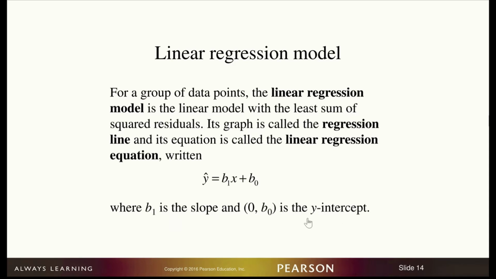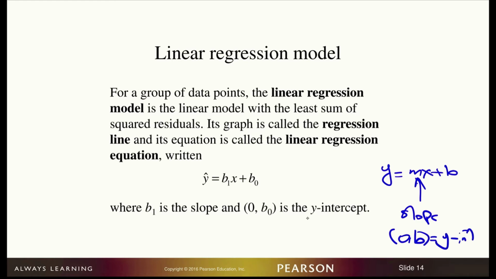Of course, that's nothing other than what we're familiar with in the form of y equals mx plus b. Of course, m is the slope and b is the y-intercept, right? Well, here, look, that's going to be the slope. And the y-intercept, of course, will be b0, like that.